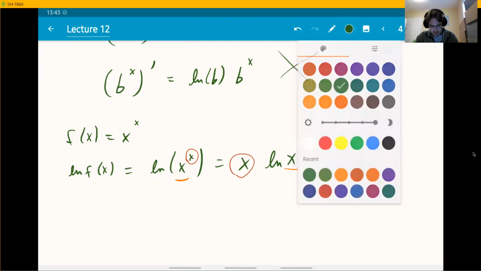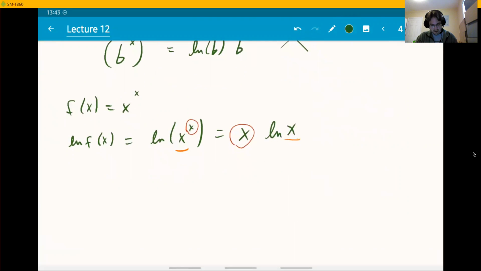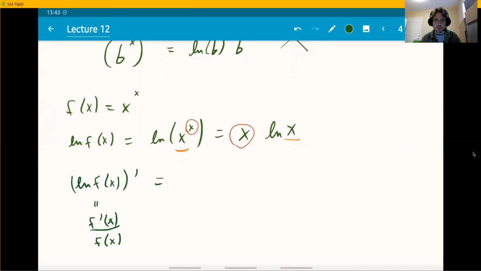So now the derivative of ln of f of x, which on the one hand is always f prime over f, on the other hand will be the derivative of this expression, x times ln x. That's a simple derivative, just the product rule. I'm going to write this carefully. The product rule works like this.